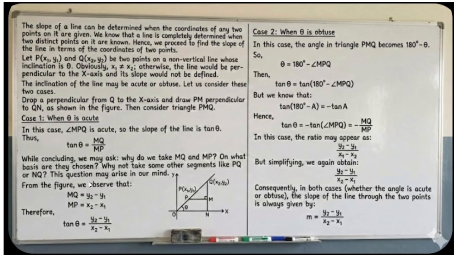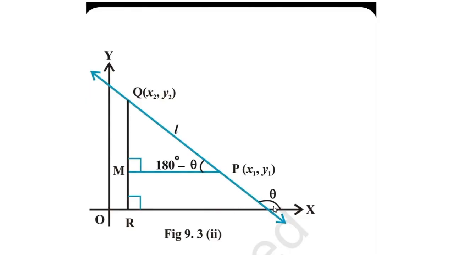The same formula holds even if the angle changes, the points remain the same. Suppose the angle is obtuse, meaning more than 90 degrees. Then what happens?